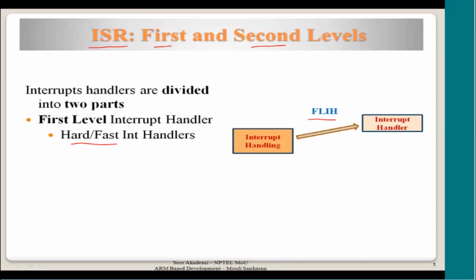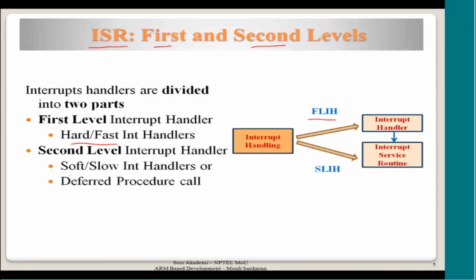Hard real time means it is very time sensitive and needs to be processed within a fixed time duration, and any latency in handling may be troublesome. You may have a catastrophic failure if the timeline is not met. Soft real time is something which can be done even if it is delayed; there is not much catastrophic change, but maybe a degradation in performance is expected. Along the same lines, the handling of interrupts is also divided into hard and soft, or fast and slow.